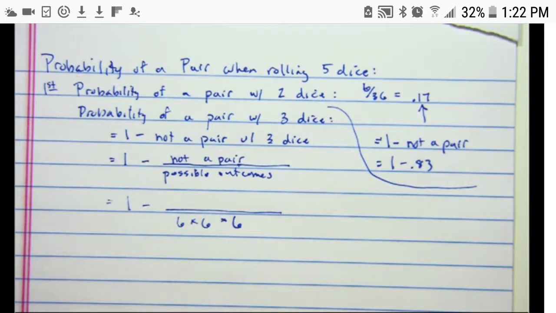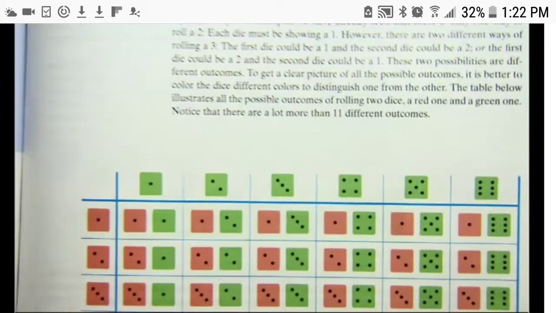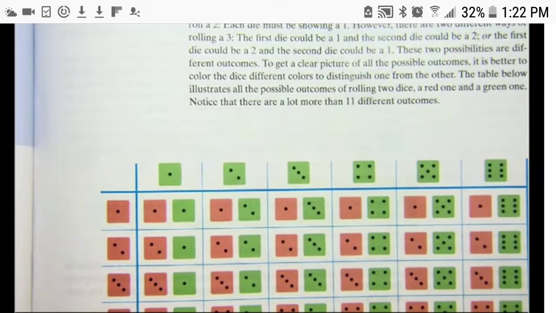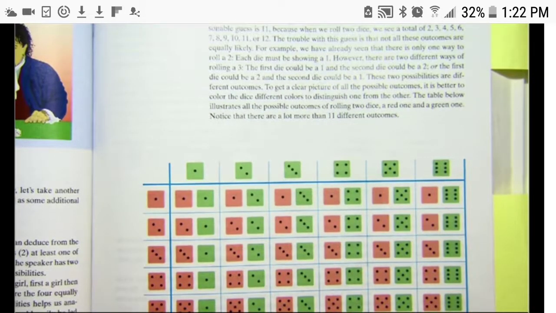Now we have to think of which of those are not pairs. So which of those possible outcomes do not have pairs? You have to be careful with your counting and not double count. So let's look back at when we had 2 dice.